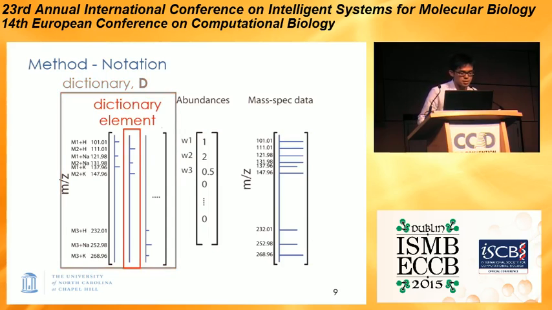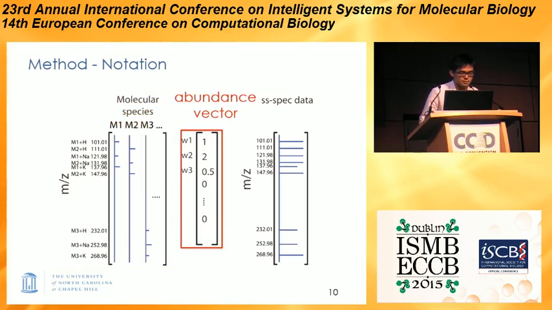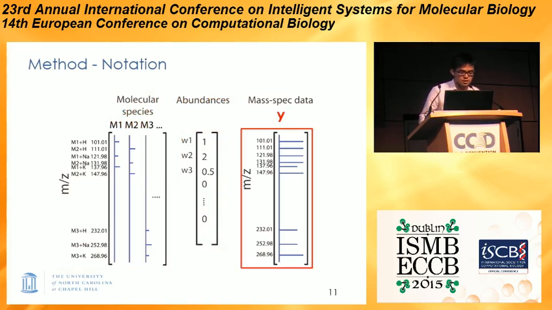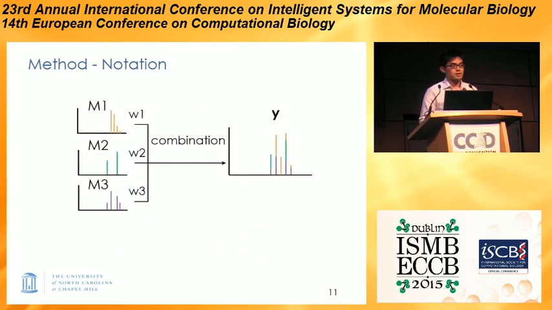A dictionary element is a column in this dictionary. An abundance vector weights each molecular species' contribution. A spectrum in a grid cell is referred to as a Y vector, and a Y vector is composed of the contributions from each molecular species.